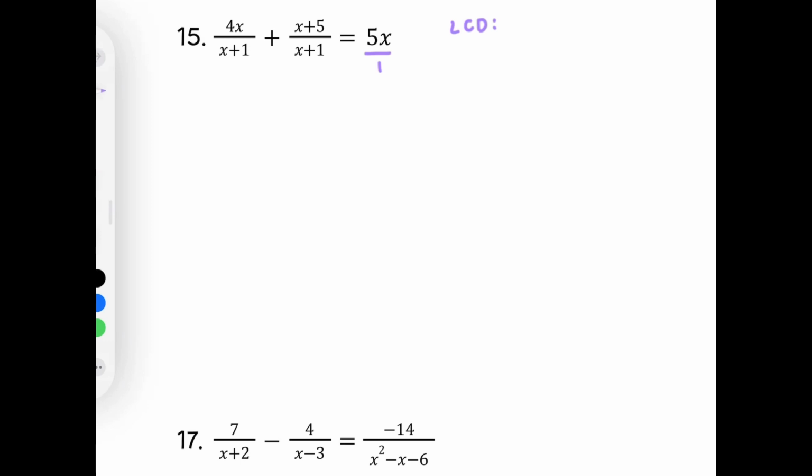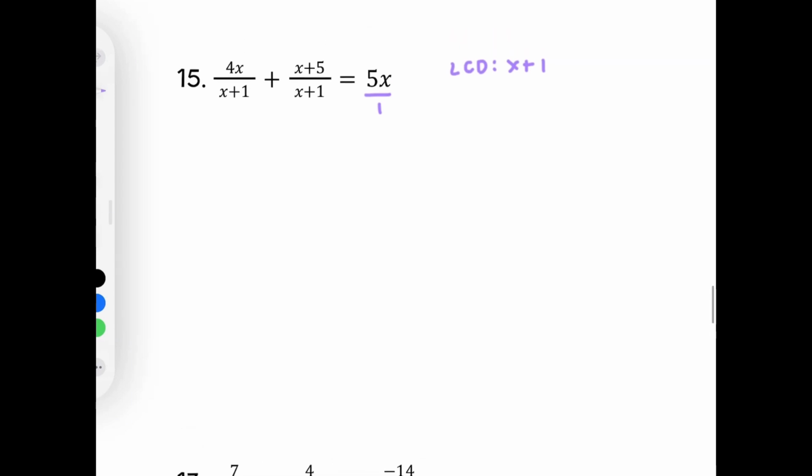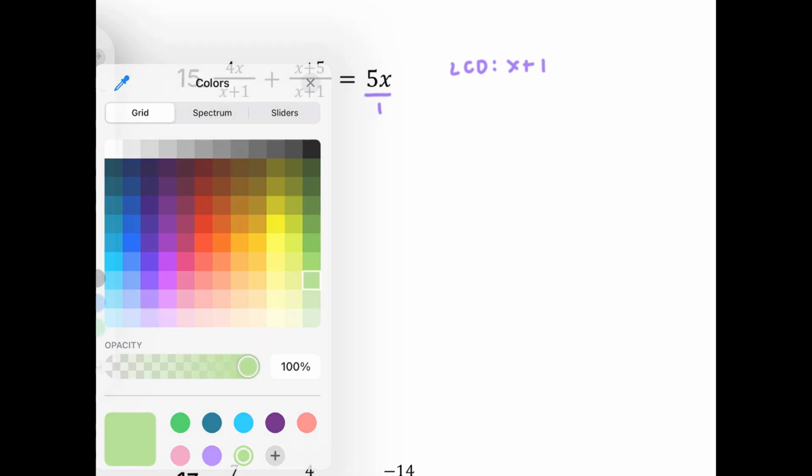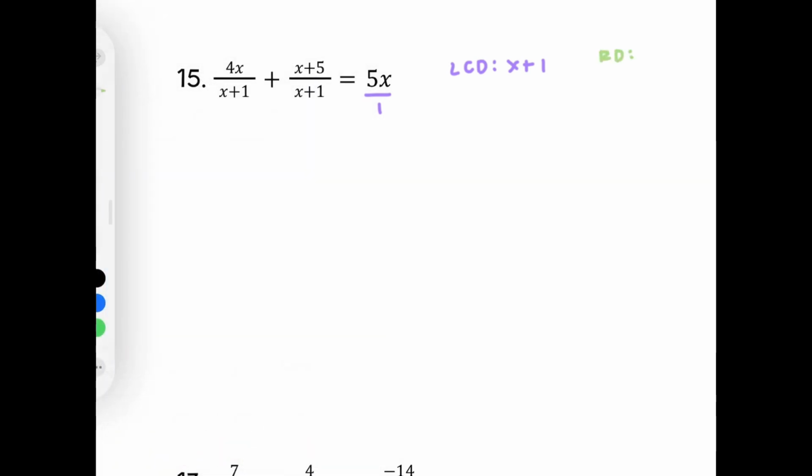Both of these already have an x plus 1, and multiplying by 1 isn't going to change anything. So we're just going to multiply each fraction by x plus 1. When you find the restricted domain, you're just taking that least common denominator, setting it equal to 0, and solving for x. So x can't equal negative 1.